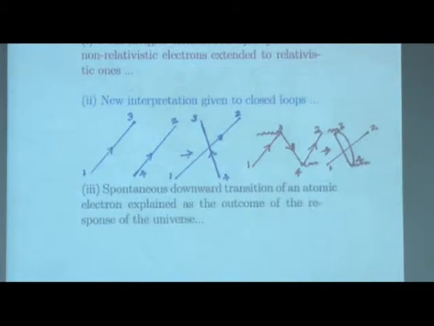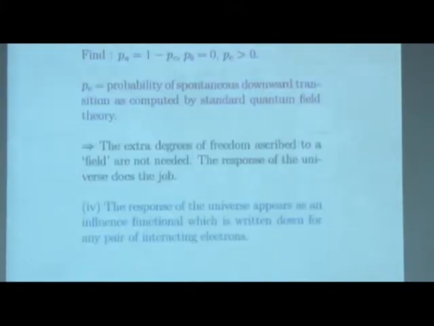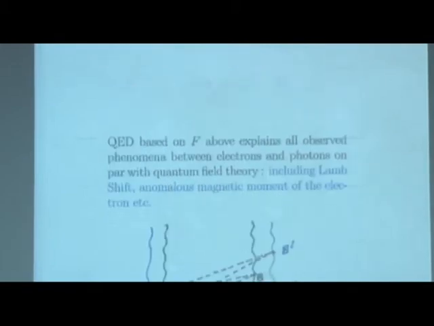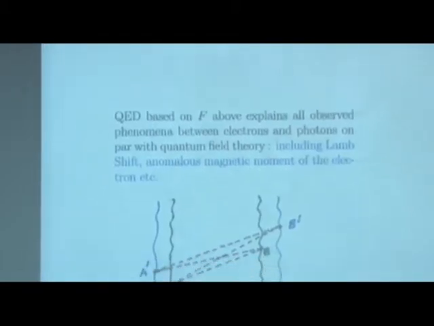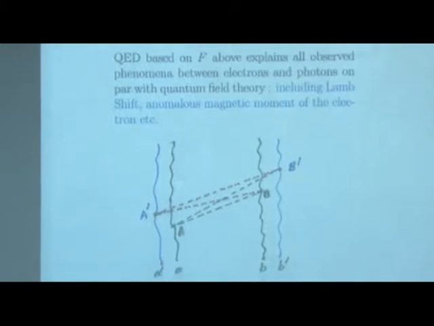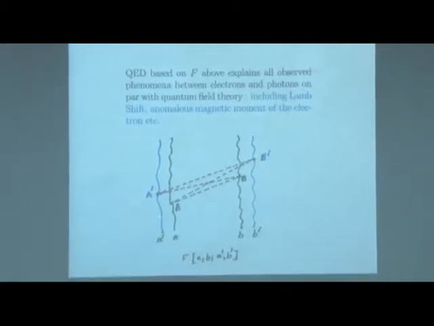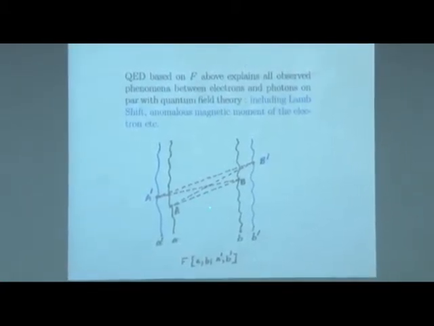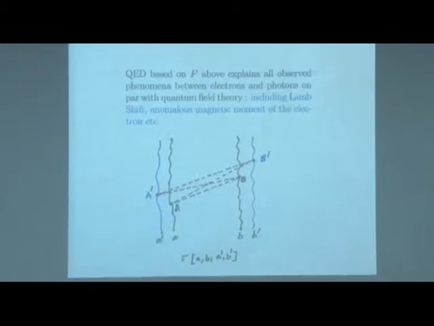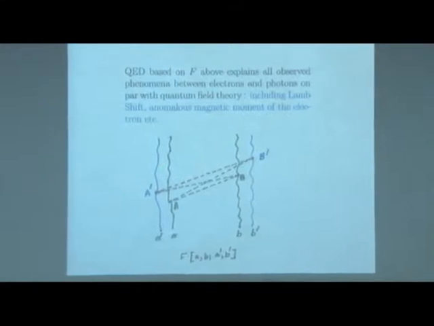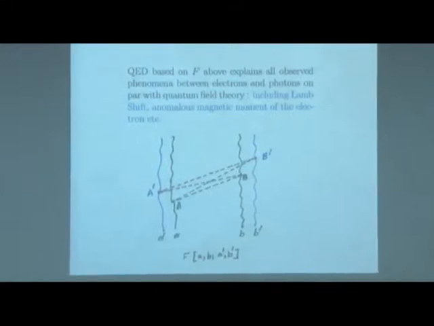So, coming to this particular aspect, this influence functional that is defined here is basically telling us the interaction between any two electrons, and if you are able to show that your result agrees with field theory, then you should be able to explain all aspects of QED.